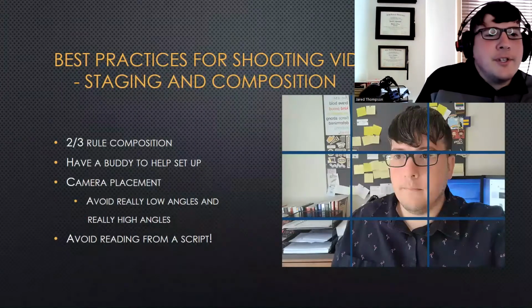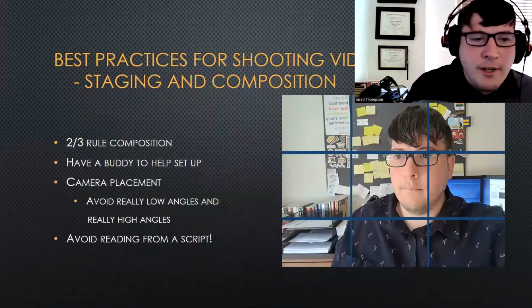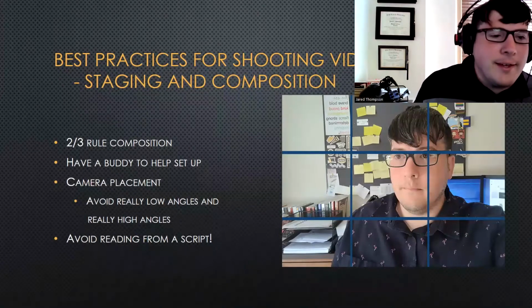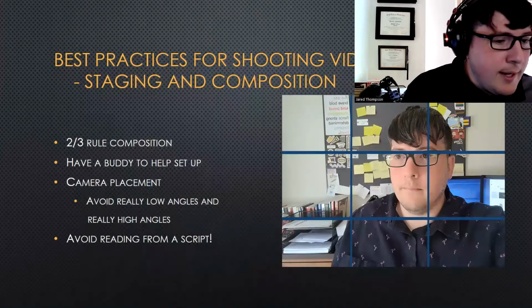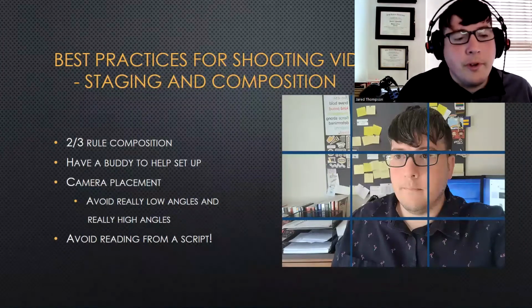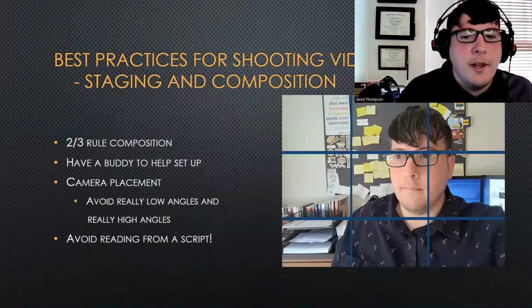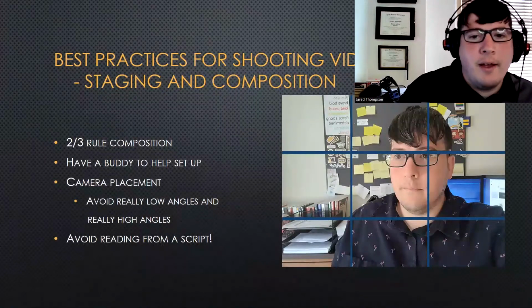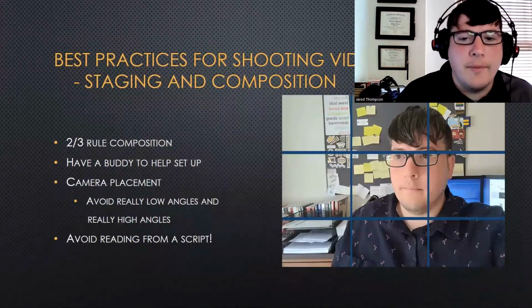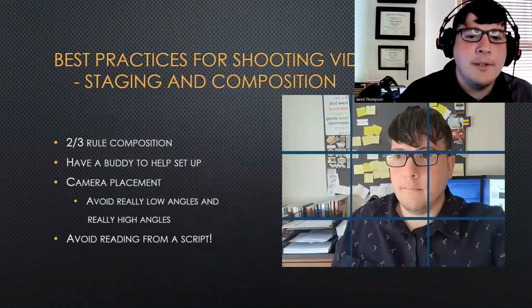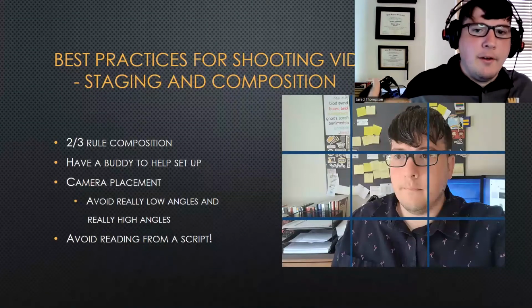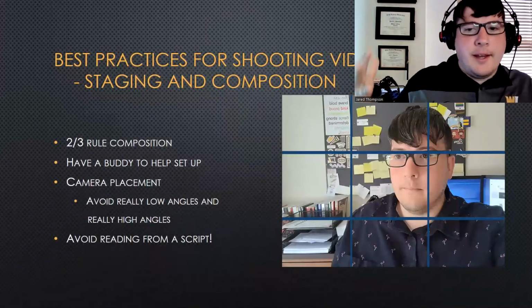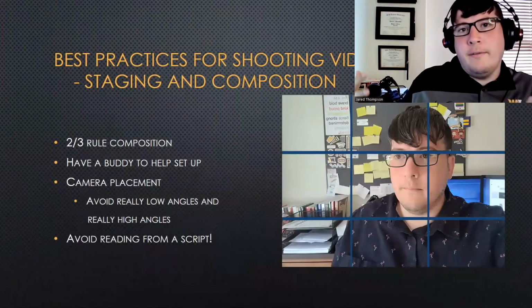Another thing I want to mention is staging and composition. One of the big things that we learn about in this field is the two-thirds rule, or rule of thirds, of composition. I have a little image set up here so you can see how this is laid out. If you look at this image, myself, I occupy about a two-thirds section of the screen.